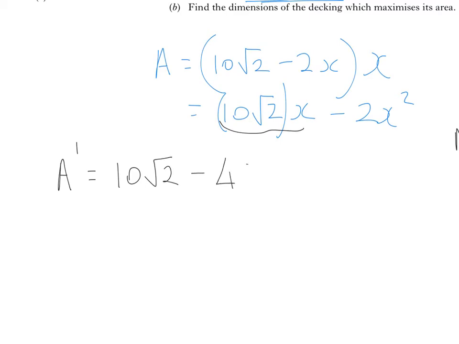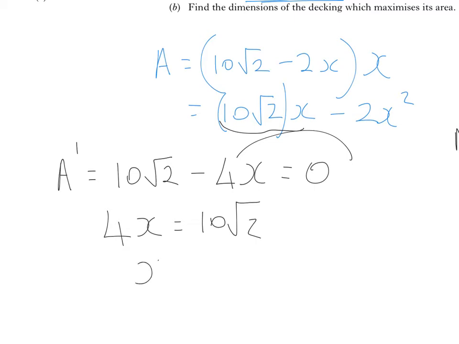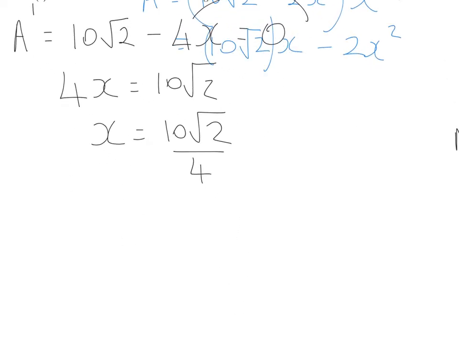Minus 2x squared is minus 4x, and that is equal to 0. I'm going to bring that over, and that will give me 4x equals 10 root 2. x is equal to 10 root 2 over 4, and that can simplify down to an exact value of 5 root 2 over 2.